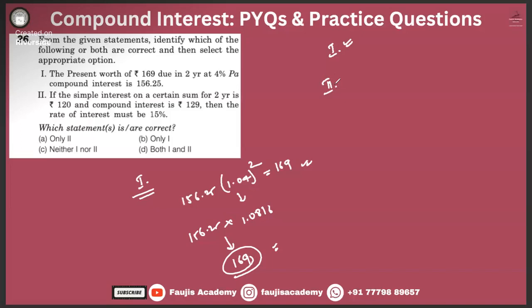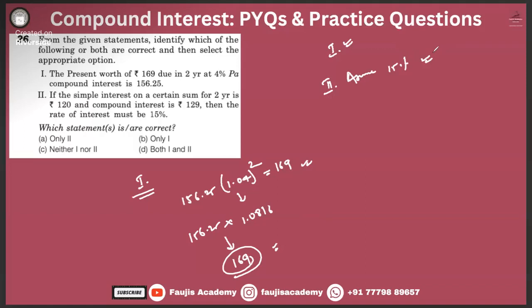Shall we move on to statement 2? If the simple interest on a certain sum for 2 years is 120 and compound interest is 129, then the rate of interest must be 15%. Let's assume 15% is the correct one.